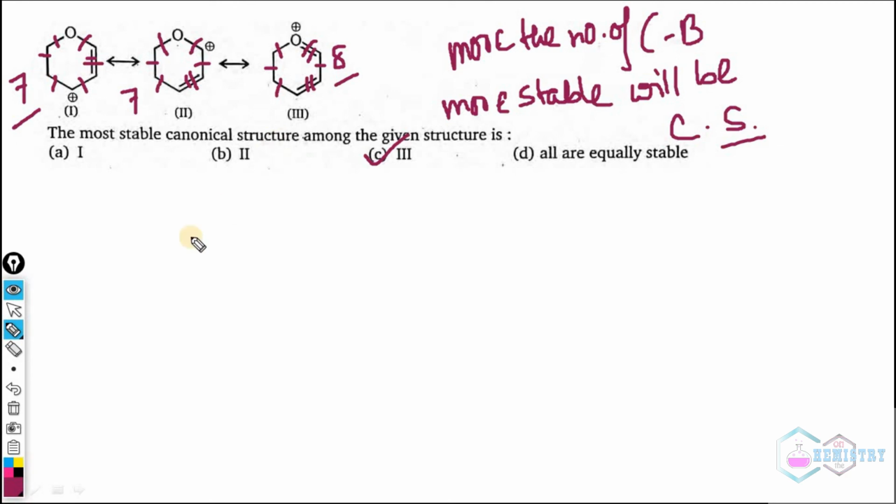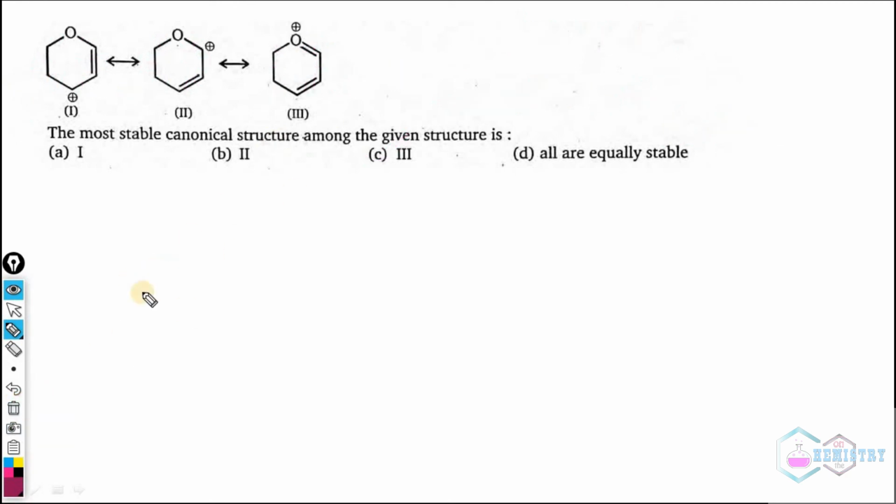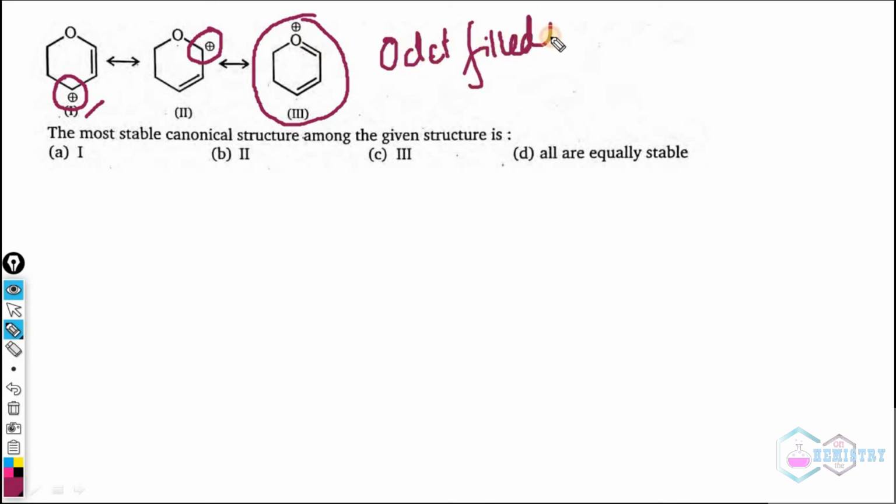We can also explain it like this. In compound 1, this carbon does not have its octet filled up. This carbon has 6 electrons. Similarly, this carbon also has 6 electrons. But in compound 3, all atoms have their octet filled up. Hence, a filled octet produces a stable compound. So 3 will be our correct answer. We can explain it any way we want.